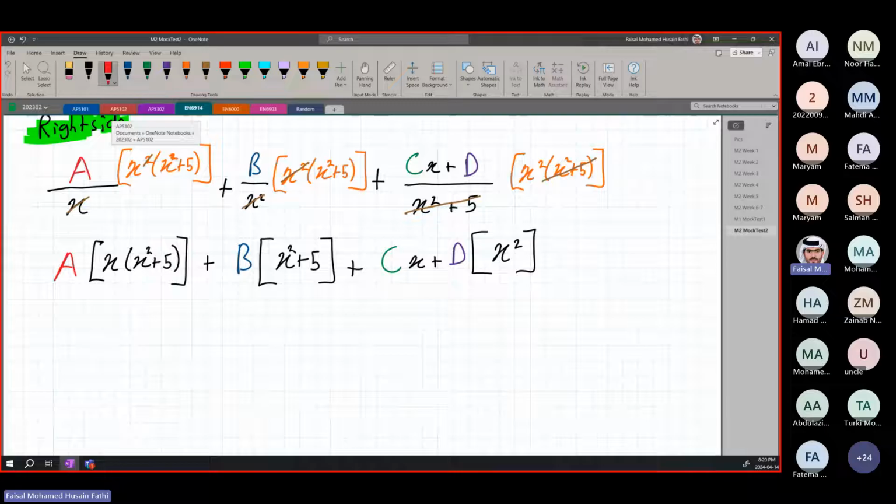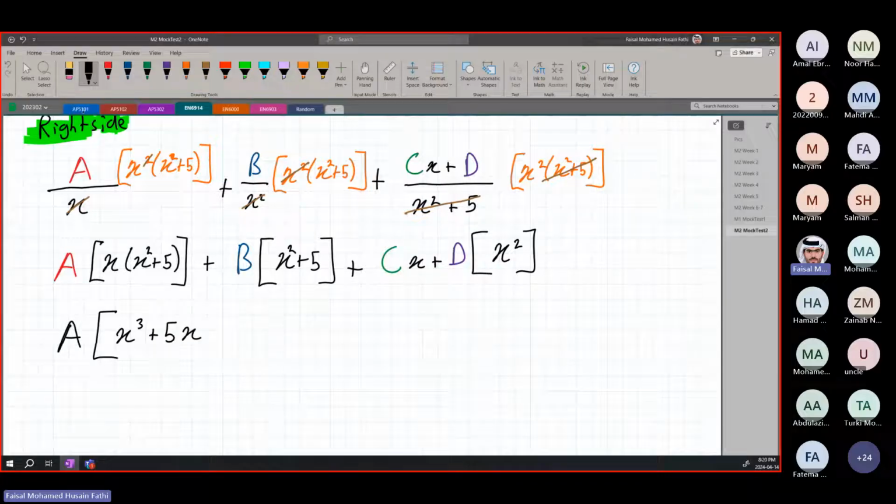My next step will be to distribute everything step by step. First, let's leave our A outside. Let's look at x into x squared, so this will become x cubed. X into 5 is going to become plus 5x. Plus B, which is already distributed.